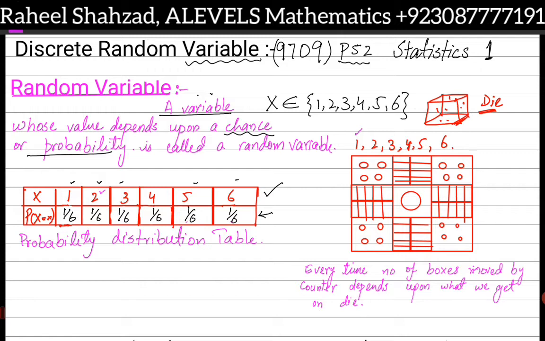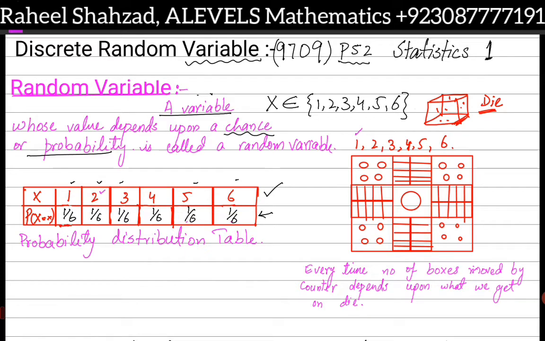So in every turn, the number of boxes moved is a variable entity. Obviously, it's not like every time you're moving one box or 2 boxes or 3 boxes. Every time it is different. So that's why it is a variable value. Why is it discrete? Because you move either 2, 3, 4, 5 or 6.